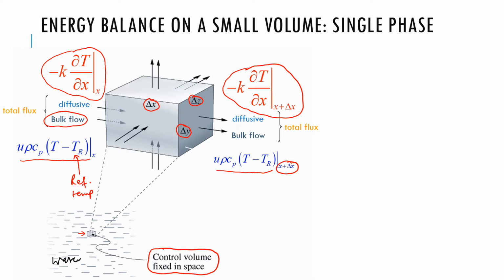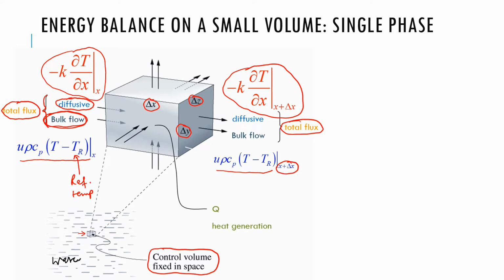So we keep talking about these two groups of transport modes. One is diffusive type. So this conduction we just did was diffusive type, and the other one is bulk flow, and together we have the total flux. So this is the total flux of heat or thermal energy, and this is also the total flux of thermal energy going out in a very simple system, not porous media yet.